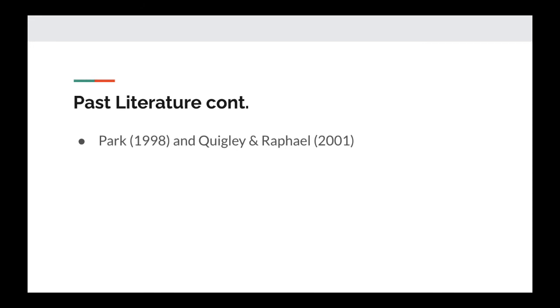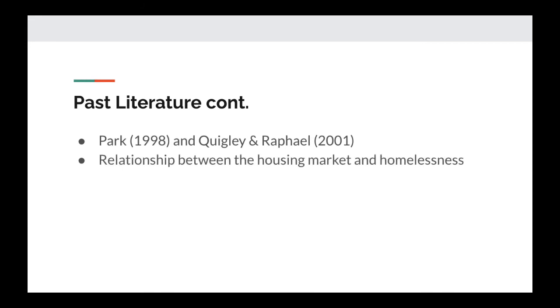Last up, we have Park and Quigley and Raphael. These two papers both look at the relationship between the housing market and homelessness. Park looks at low rent vacancy rates and their relationship to homeless rates, and found a positive relationship. So as low rent vacancy rates increased, you're also going to see an increase to the homelessness rates.